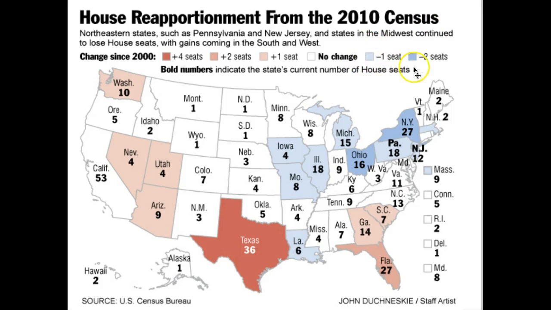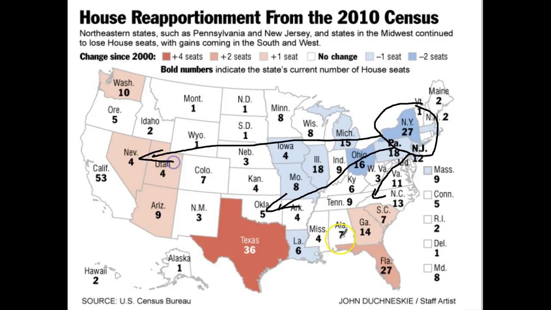Now, states that lost seats include the light blue, and you can notice around Indiana, states are really losing population. Now, where are people moving to? There are 2 different places people are moving from and where they're moving to. We have the Northeast, and they're moving south, southwest, sorry about the arrows, and west.